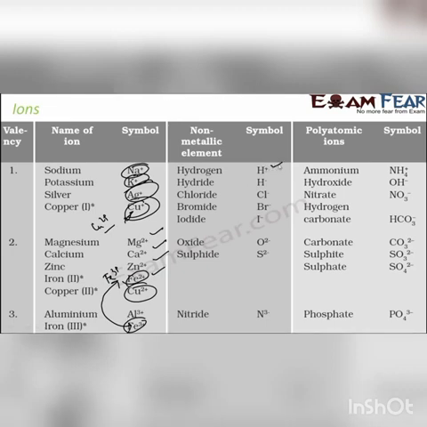Hydrogen exists as H plus. Hydrogen also exists as H minus. Chlorine as Cl minus. Typically, bromine, iodine all as minus. Oxygen generally exists as 2 minus. Sulfide 2 minus. Nitride 3 minus. If you see, all these are typically non-metals. And these are typically metals.